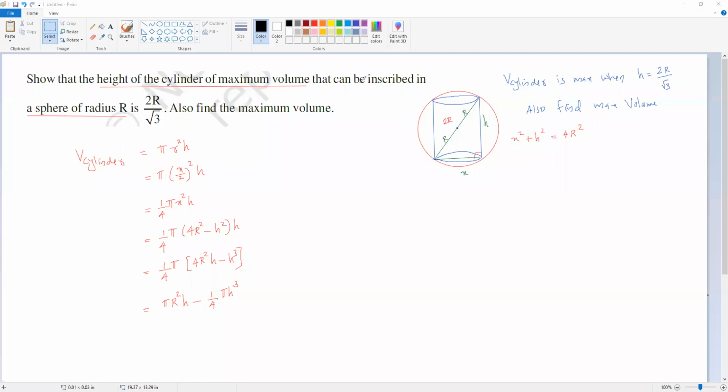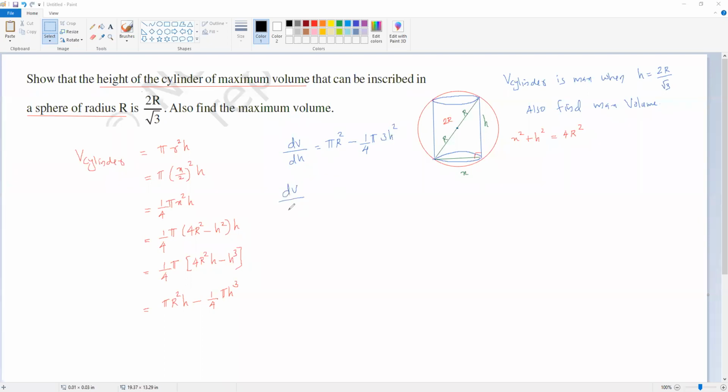Now you got the thing which is to be maximized. We have to find the derivative. So dv by dh is pi r square, constant, derivative of h is 1, minus 1 by 4 pi into 3 h square.